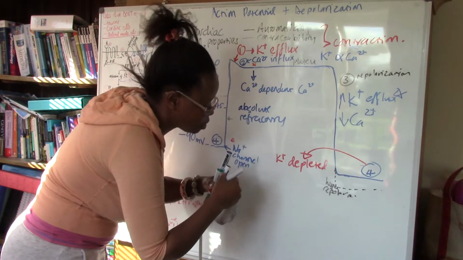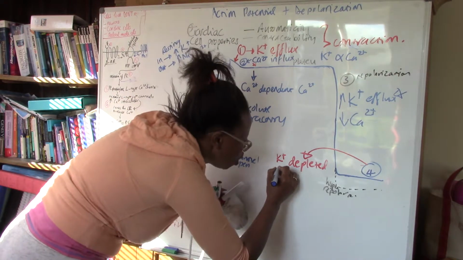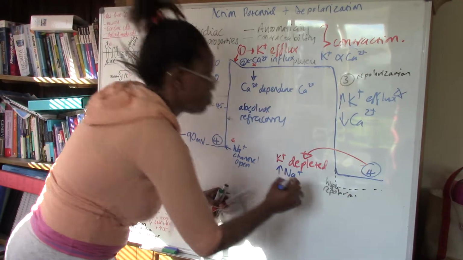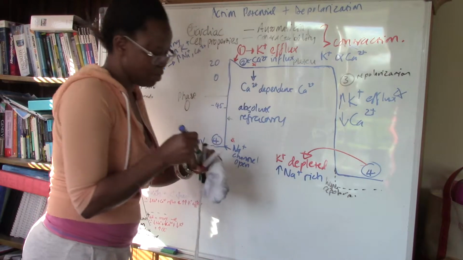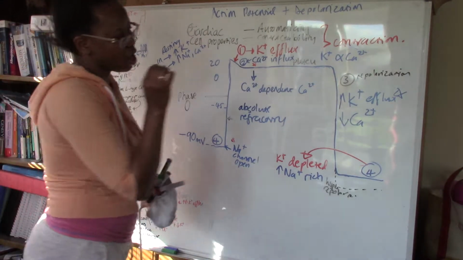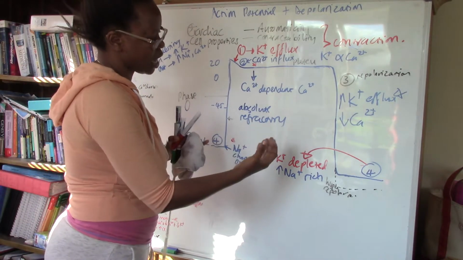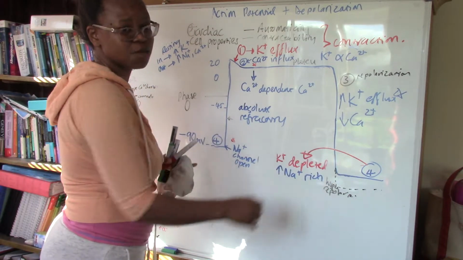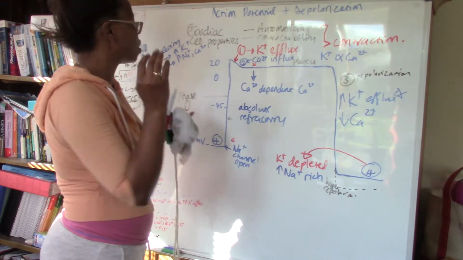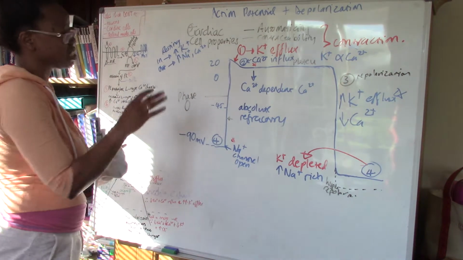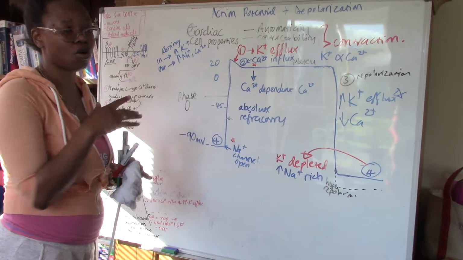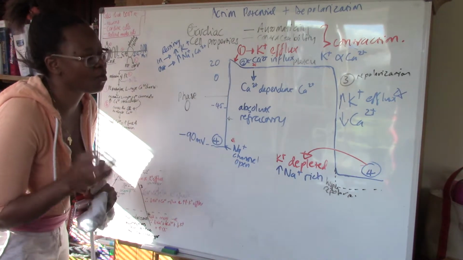So it's potassium depleted, however it is very rich in sodium, which means that although we're back at -90 for a cardiomyocyte, we are not really at a state where we can say that everything is back to normal. The cell still hasn't returned to its normal homeostasis of having more potassium inside and more sodium and calcium on the outside.